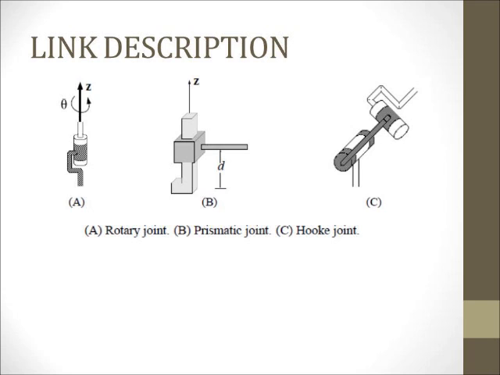For a prismatic or sliding joint, the linear displacement d along the joint axis Z describes the displacement. And a hook joint is a 2 degree of freedom rotary joint described by two rotation angles, for example yaw and pitch. Thus, a hook joint is represented by two consecutive rotary joints with intersecting rotation axes.